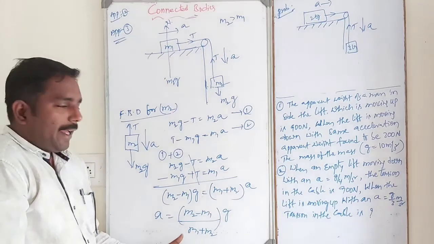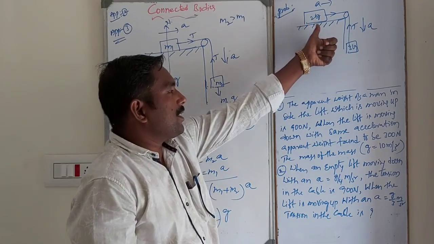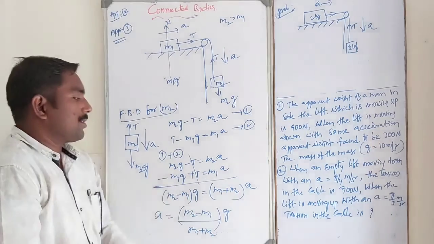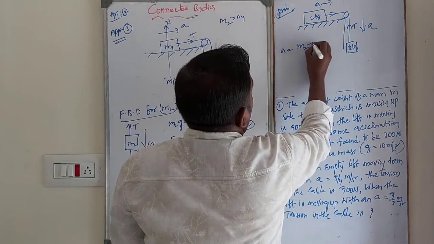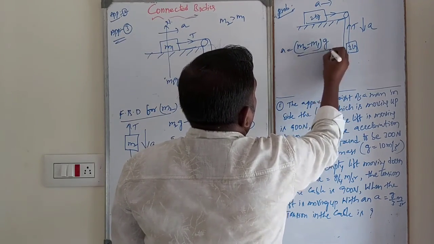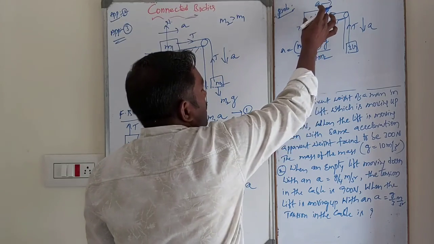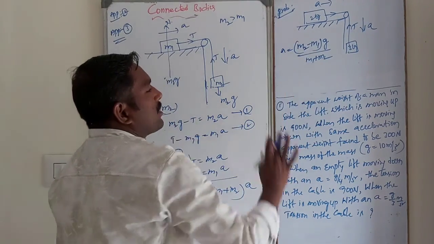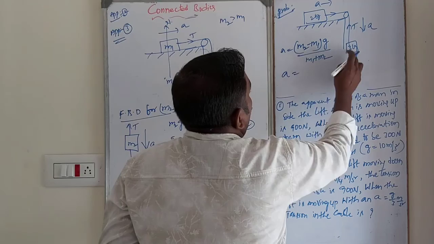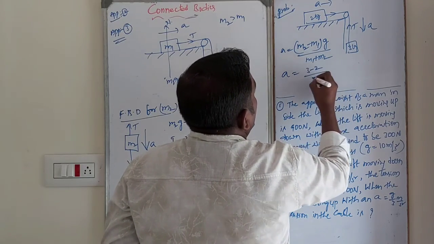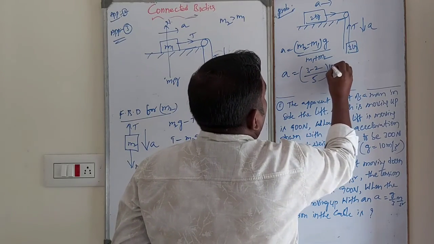Simply, to do it directly, from whichever mass is greater we subtract the lower mass, multiply by g, and divide by the total mass. So a is equal to (m2 minus m1) into g divided by (m1 plus m2). Same for anything. So a is equal to (3 minus 2) by 5 into g. I will take g value as 10.